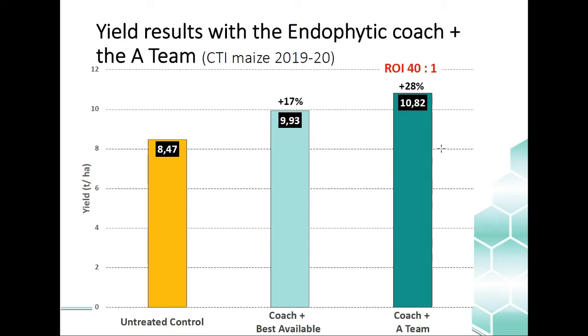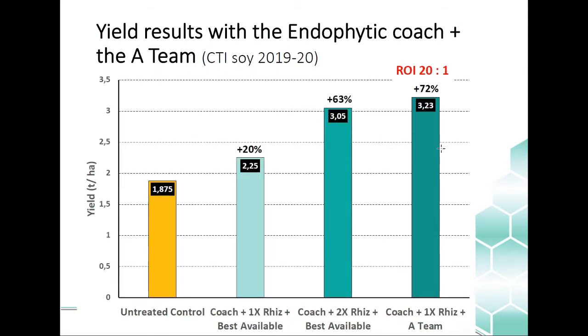So this is obviously one trial at one site, one year. It's not a statistical trial, but we're just looking for a trend. So we're very excited to repeat this trial at different locations and see how we can get closer to the truth. We also did it on soybeans, and on soybeans it was also interesting.